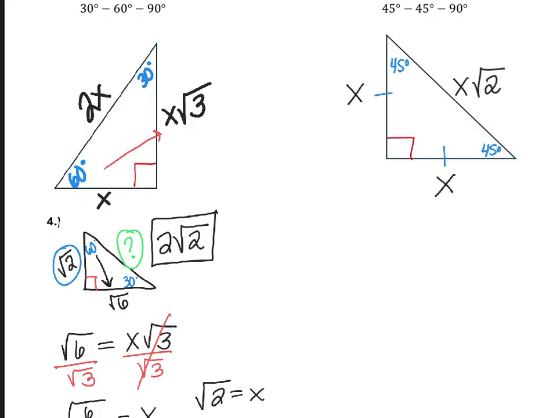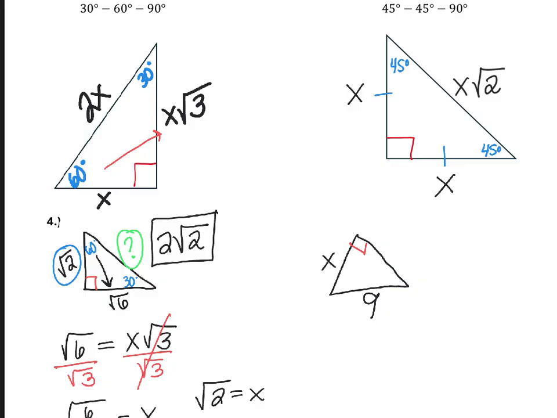So if I give you a triangle, I don't know, like this. Yikes. We're going to call this a right triangle, even though it looks really bad. But that's our right angle. And then they give us this, and we need to solve for that. What is the length of the sides in this 45, 45, 90 triangle?